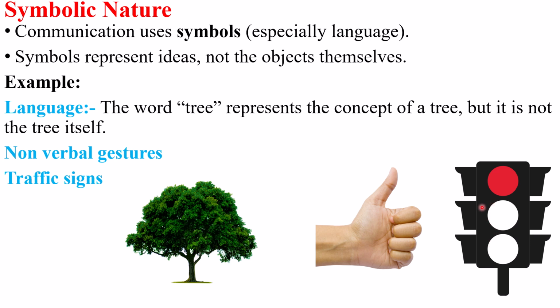Drivers understand these symbols even without words. The traffic signs or traffic symbols are used to convey meaning. These are examples of symbolic communication. So you can say that human communication is symbolic.